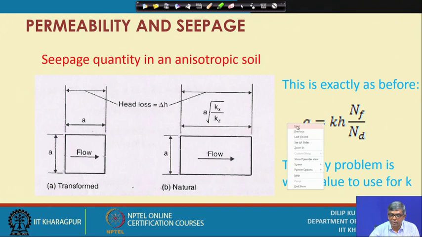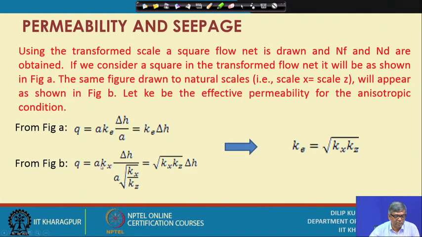If I do that, A K x del H by this, now we can see once again A and A get cancelled, del H is there, and K z will come here, and K x and K x become under root K x. That means under root K x K z into delta H.